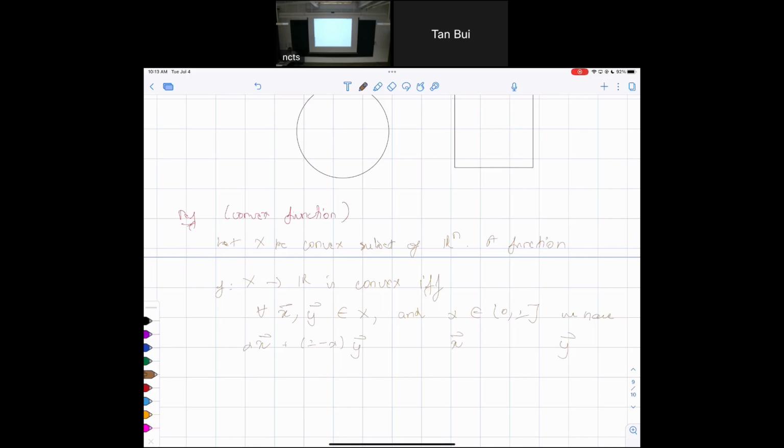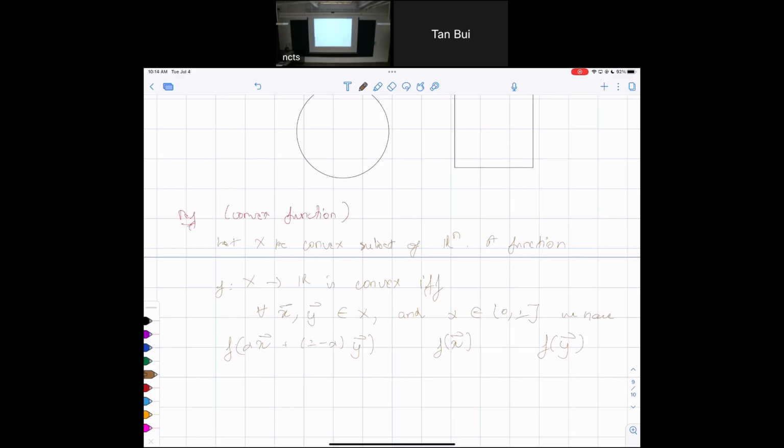So these are three vectors. We know that the convex combination of x and y also belongs to X. We're going to evaluate f at this point, and also at these two points. If the function is convex, then we have some relationship between these.